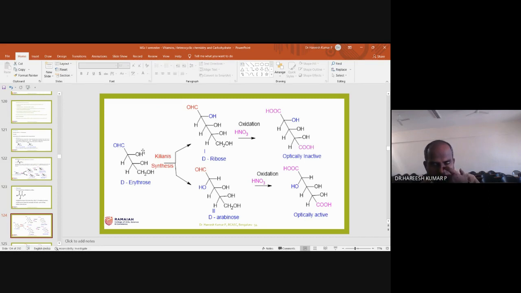So look here, I am taking erythrose. When it is subjected to Kiliani-Fischer synthesis, this CHO is converted into OH, and a new aldehyde group is introduced by the Kiliani synthesis.